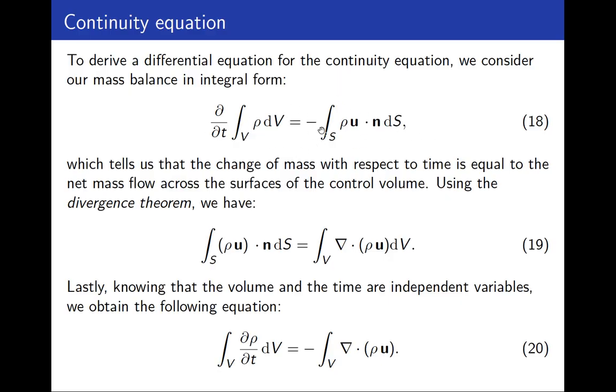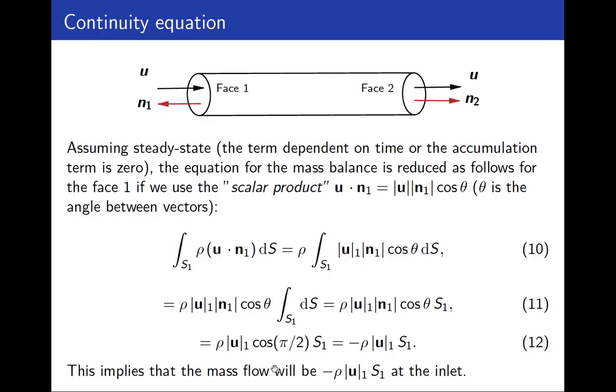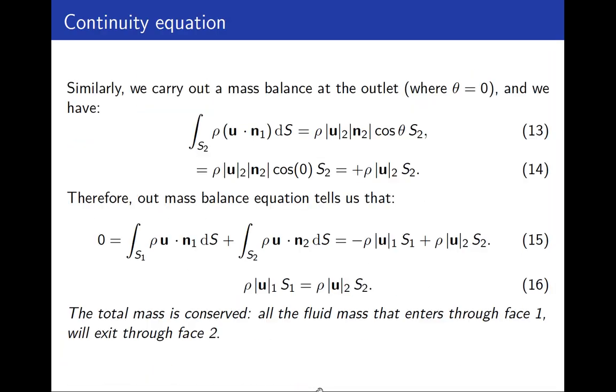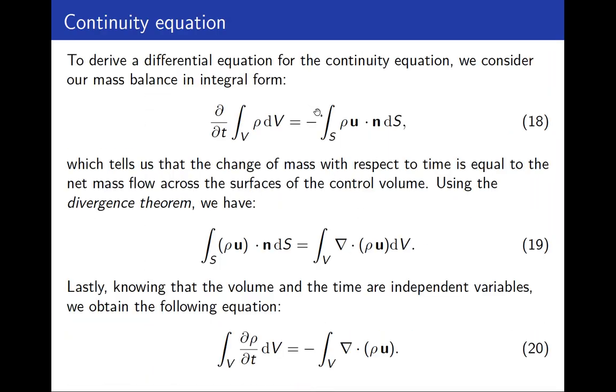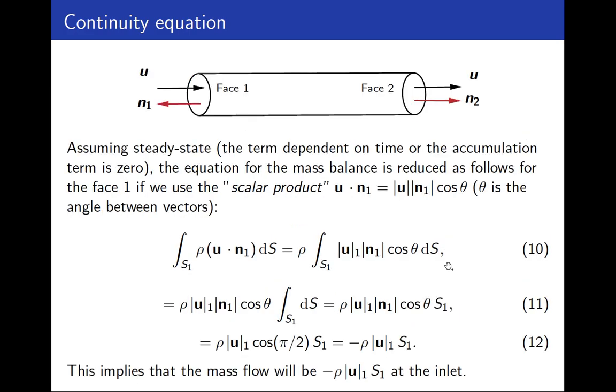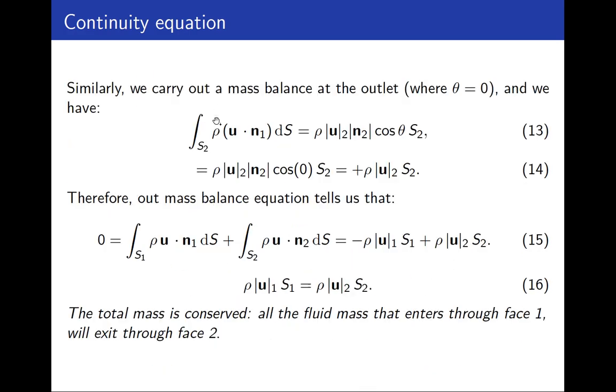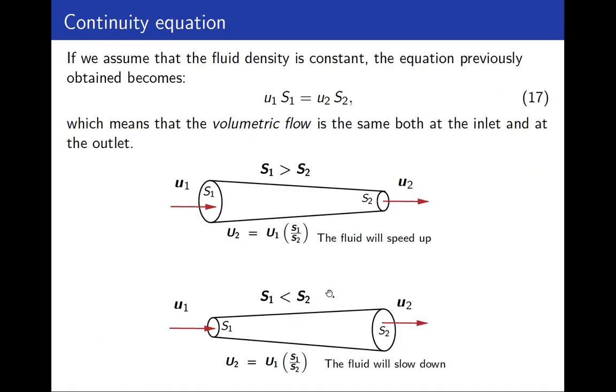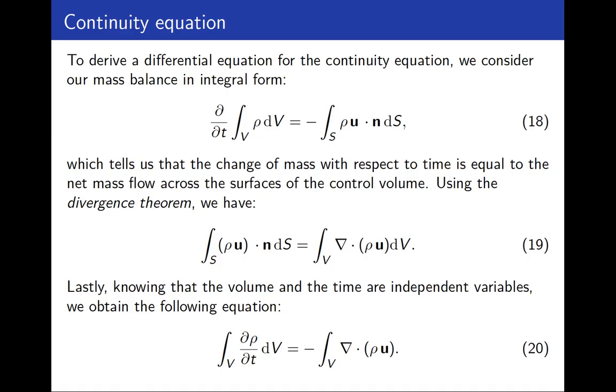The sign here is slightly different because it really depends on the notation. Here it is more convenient to use the sign. So if we use this negative sign, we will obtain a positive sign at the inlet, but a negative sign at the outlet. So it is really not much of a difference.